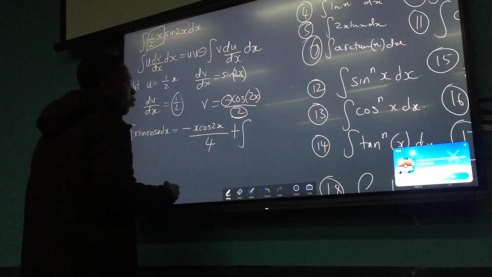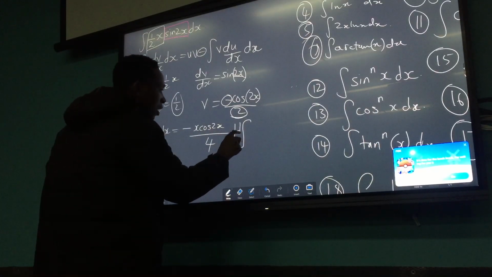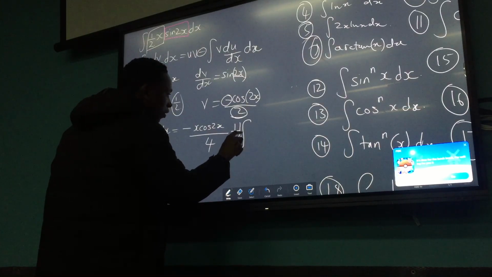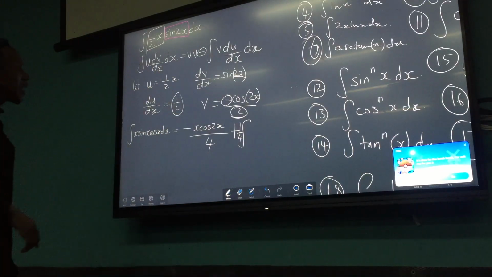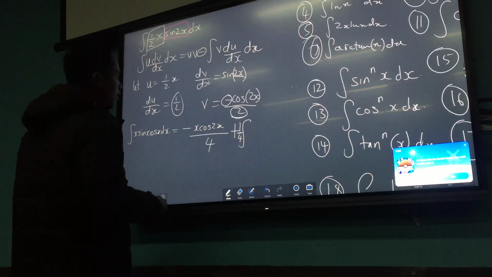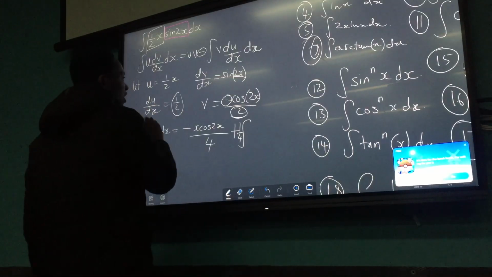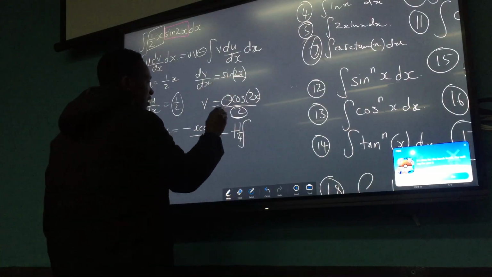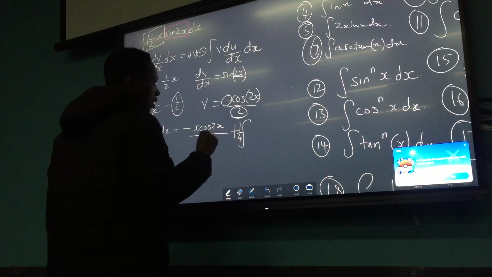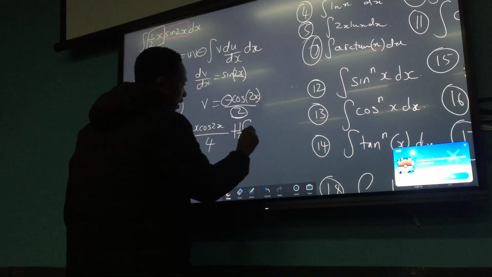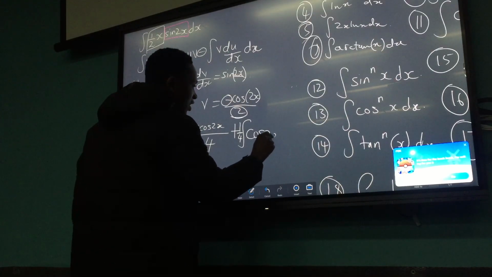So those halves will also multiply and I get a 1 over 4, right? After getting that 1 over 4, what do I have left? I've dealt with this half, I've dealt with this minus, I've dealt with this over 2. I'm now left with cos 2x. So that's what I'm going to put here.